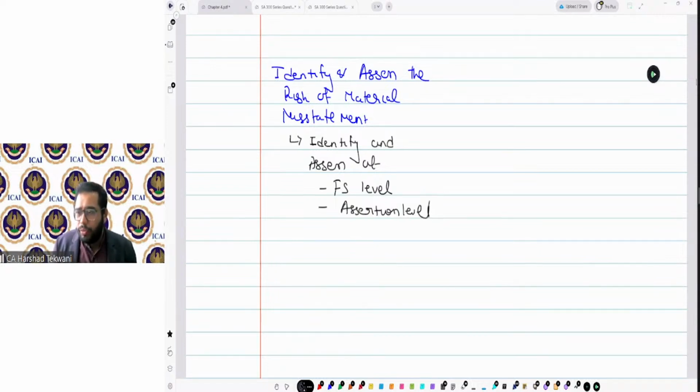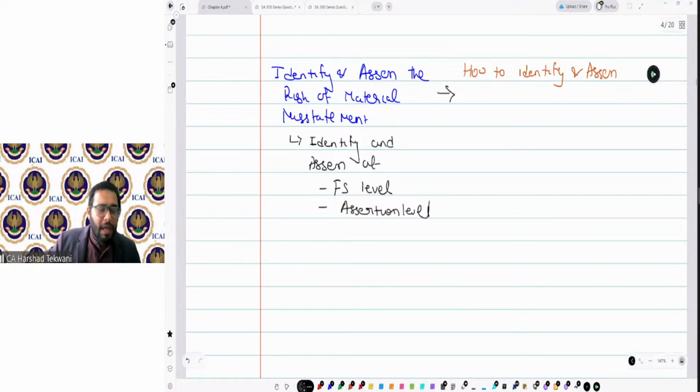Now, how do we identify and assess the risk of material misstatement? For that, I first need to obtain an understanding of the entity and its internal controls, which I did. So the first part is to obtain understanding, and we understood how to obtain understanding.